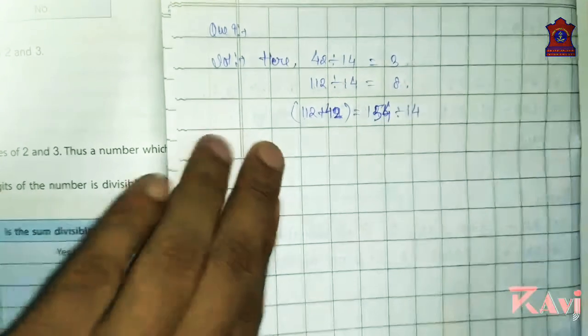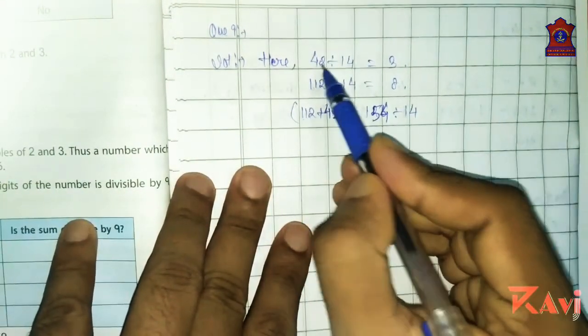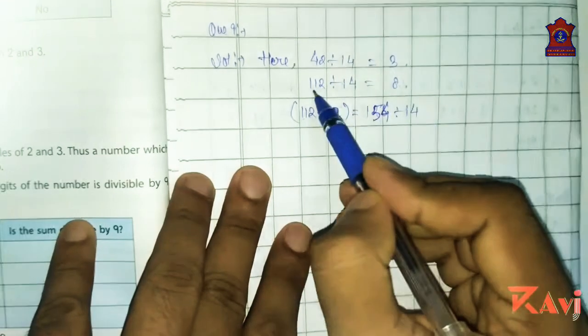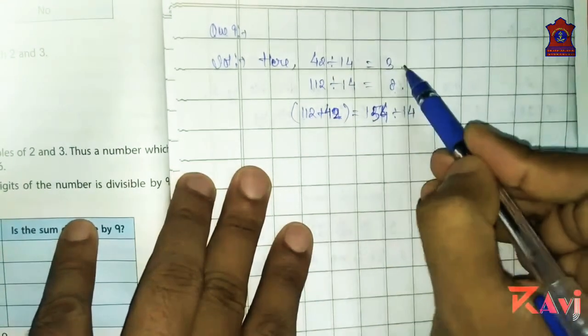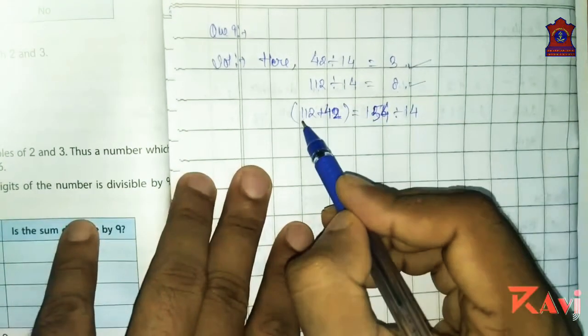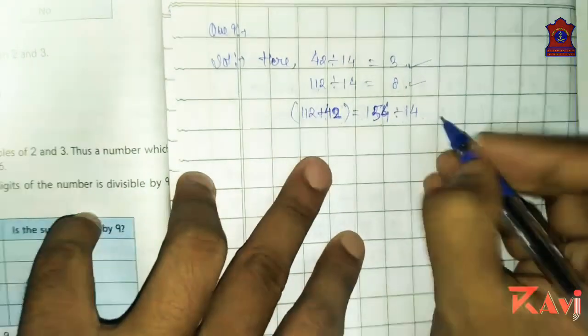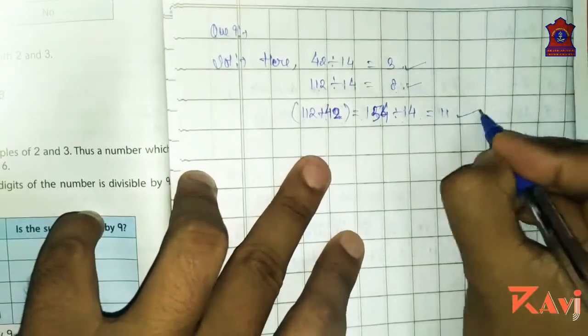Okay, so here 42 divided by 14 equals 3, 112 divided by 14 equals 8, exactly divisible. Now take the sum of both the numbers. 112 plus 42 equals 154, divided by 14 equals 11, exactly divisible here also.